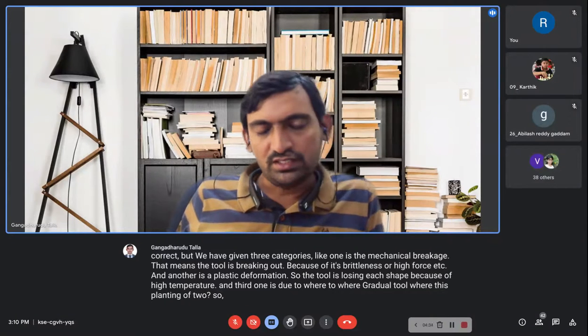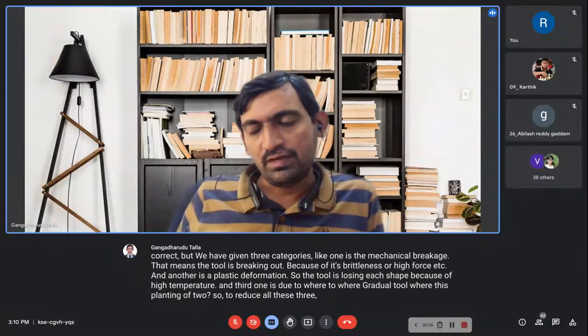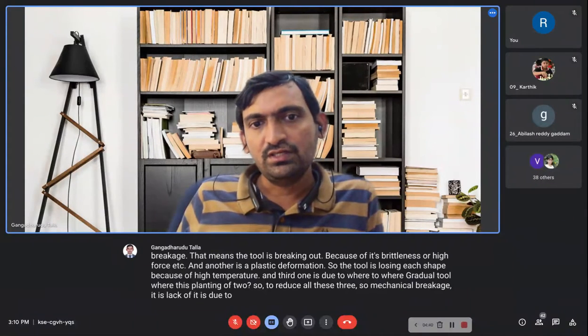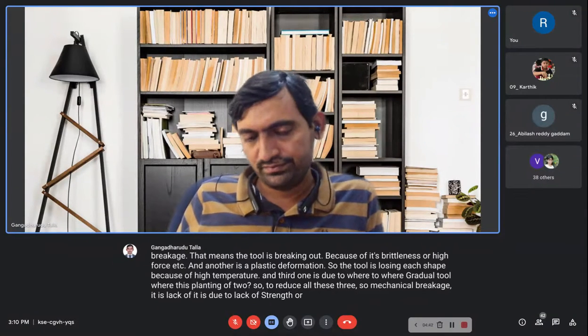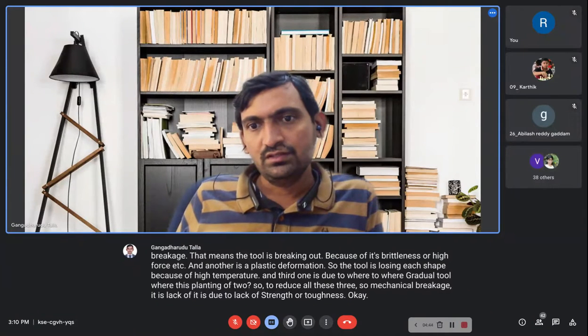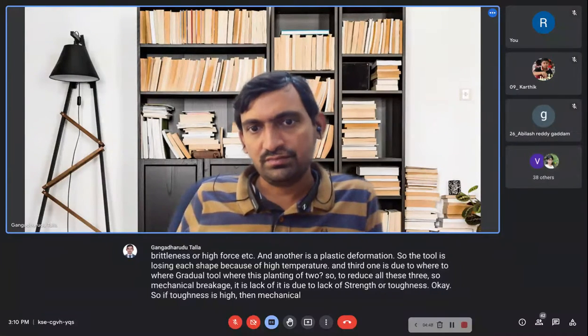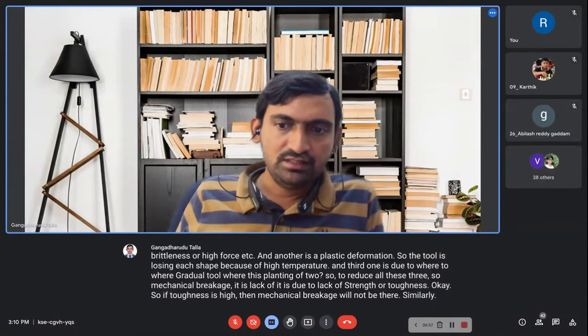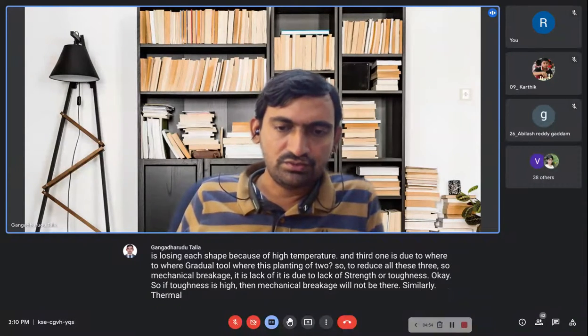So to reduce all these three: mechanical breakage is due to lack of strength or toughness. So if toughness is high, then the mechanical breakage will not be there. Similarly, thermal deformation.